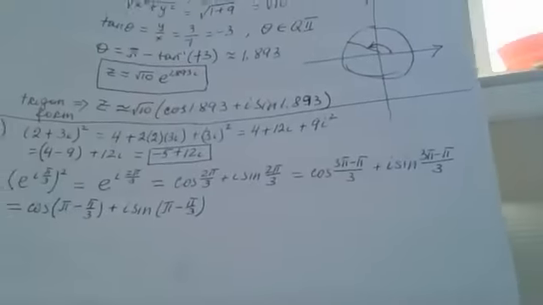And I will go to the next step and I will write that it is cosine of (3 pi over 3 is pi) so it will be now pi minus pi over 3 plus i, and after the symbol of sine, I also write absolutely the same angle. So this is what I got.